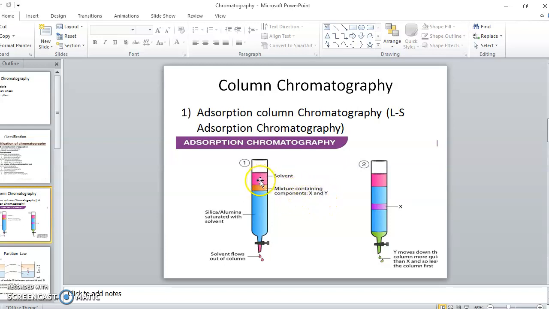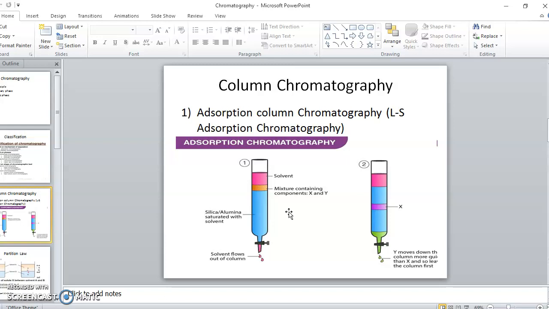Now what happened? These together are called the mobile phase. While the mobile phase travels over the stationary phase, the different components will have different rates of adsorption. So if there is more adsorption, they easily get adsorbed.